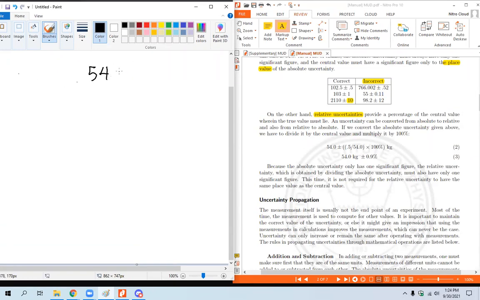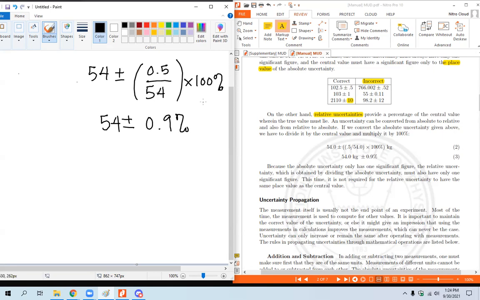So just to refresh yourselves, the way to convert uncertainties, or any number rather, to a percentage, is just that number, which is a part, divided by your whole, times 100%. So in this way, di ko na ipapakita yung details, pero the final result will be 0.9%.